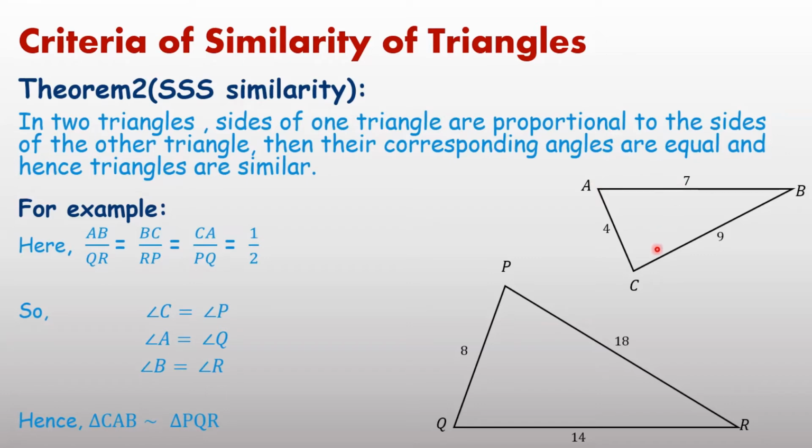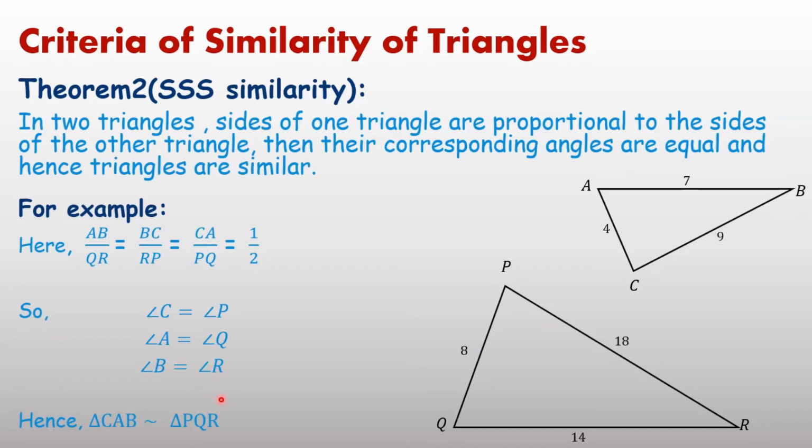Opposite to AB is C, opposite to QR is P, therefore angle C equals P. Similarly here, opposite to BC is A and opposite to RP is Q, therefore A equals Q. And opposite to CA is angle B and opposite to PQ is R. Therefore B equals R. In this pattern you can say both triangles' angles are equal.